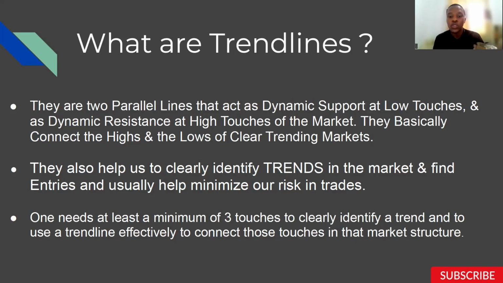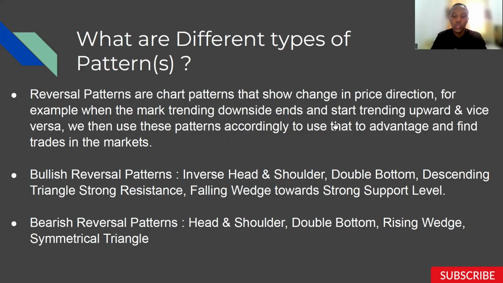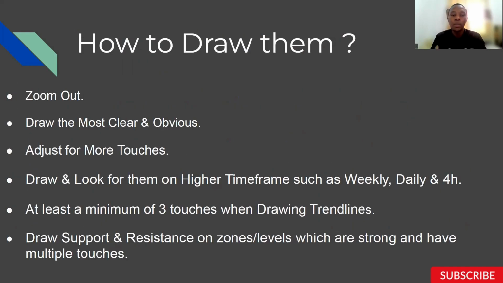So let's get into the chart so I can actually show you what I'm talking about. But just before we get into that, how do we draw these things? The best way to draw them is to first zoom out in your chart, like I usually do, or like I did in the previous video. You must also draw the most clear and obvious ones. Draw what you see.